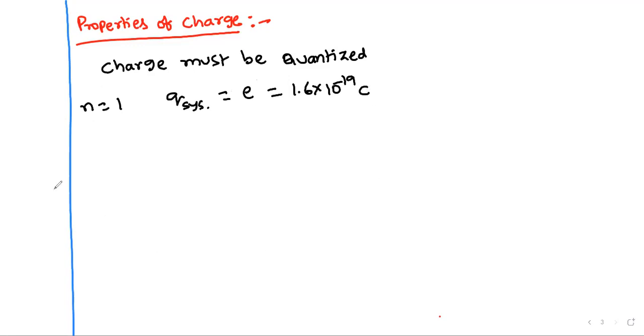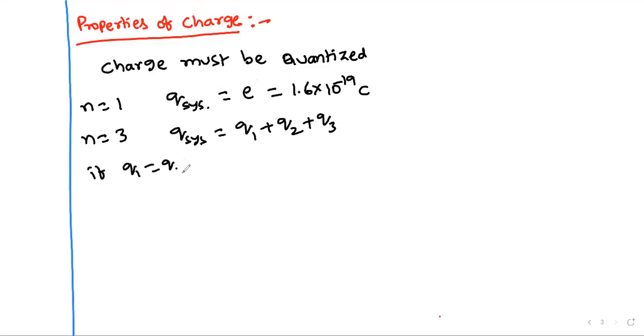If I'm having more than one particle, suppose 3 are there, then the charge of the system will be the sum of the charges Q1, Q2, Q3 of all the 3 particles. If all the particles are having equal charge, Q1 equal to Q2 equal to Q3 equal to plus e, then I can write 3e.